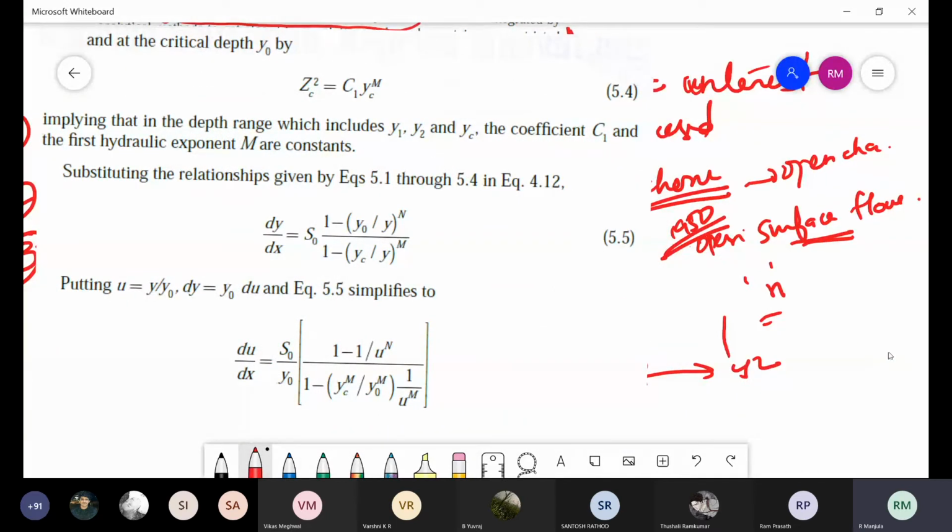And at a critical depth yc, your zc squared is equal to c1 into yc raised to m.